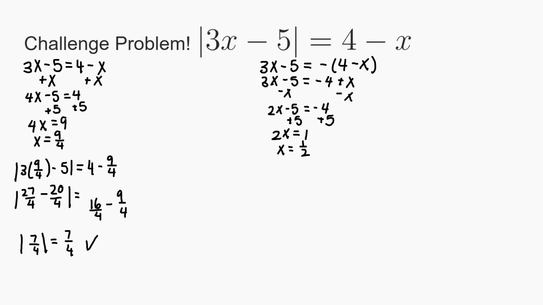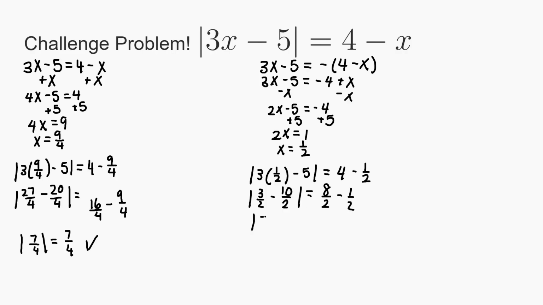What about 1/2? Do this as well. 3 times 1/2 minus 5 equals 4 minus 1/2. 3 times 1/2 is going to be 3/2 minus 5, which is 10 divided by 2, equals 4 minus 1/2, which is going to be 8 halves minus 1/2.